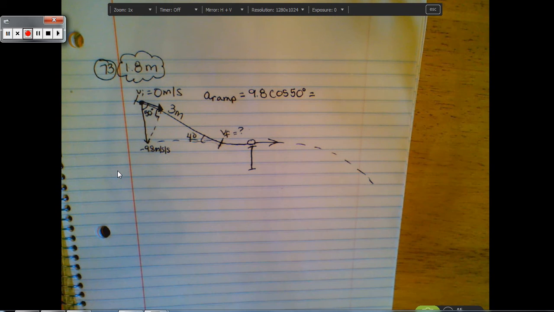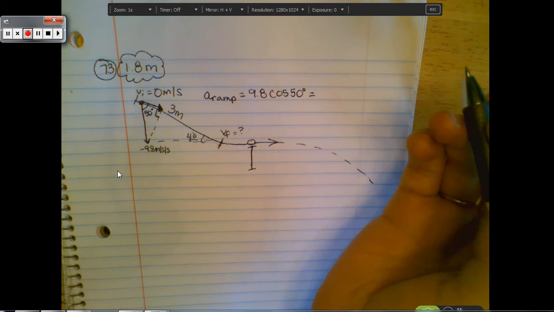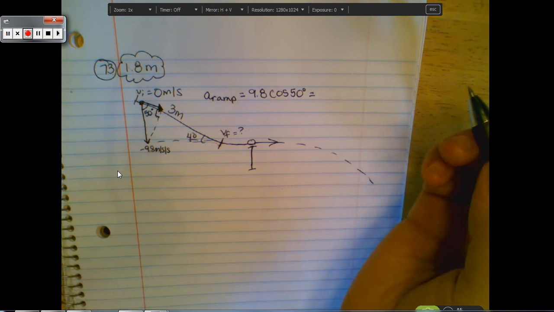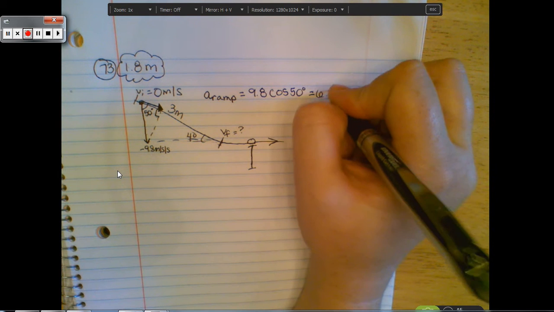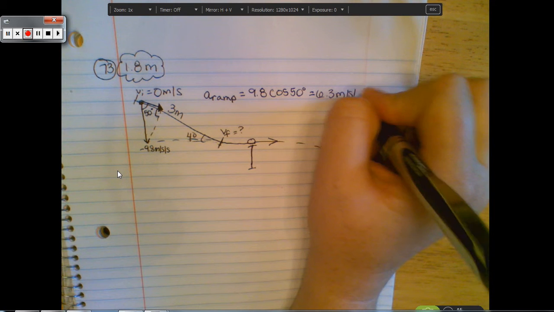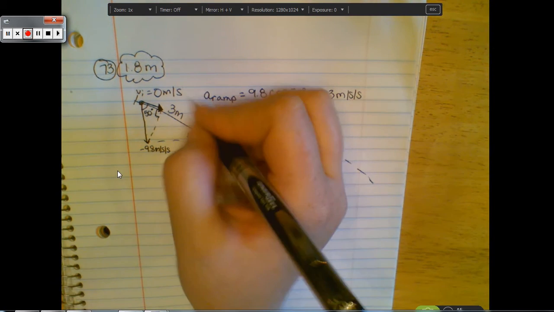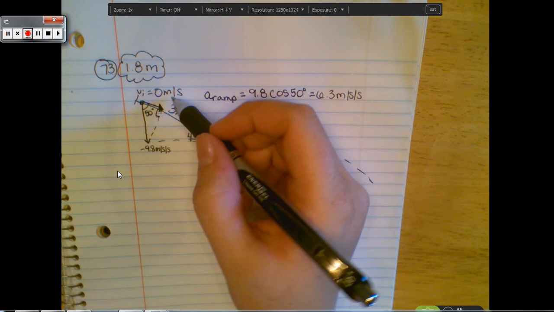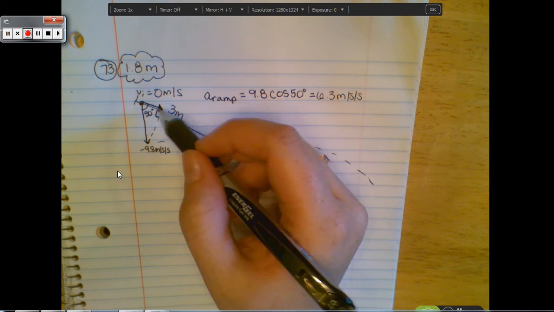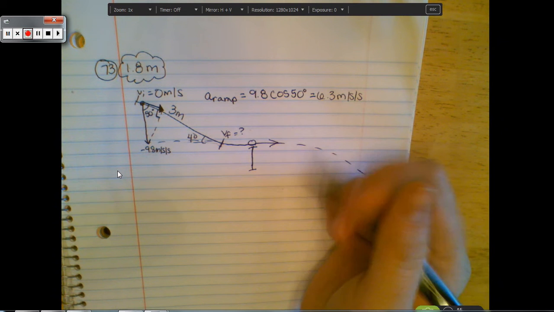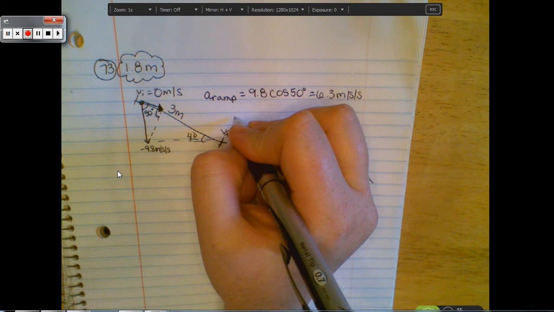If I can get my calculator situated. 6.3 meters per second squared. Now if I have my acceleration, I know my initial velocity is 0, and I know the distance down the ramp, I can just use the equation without time in it to find VF.